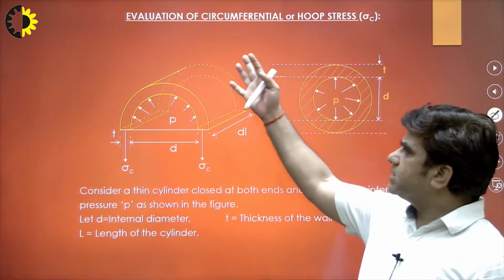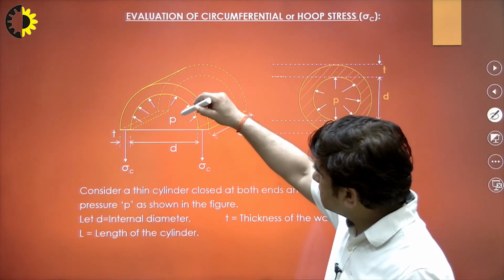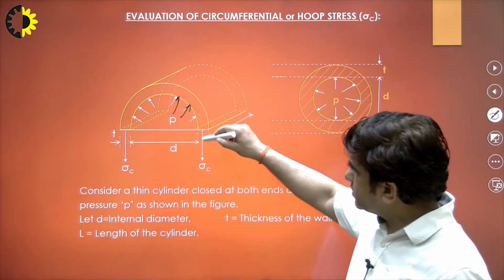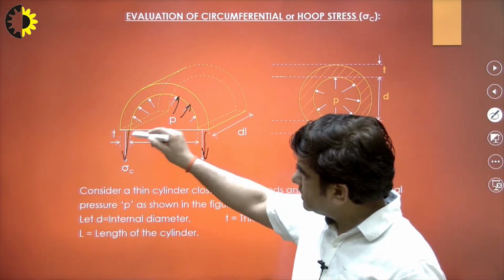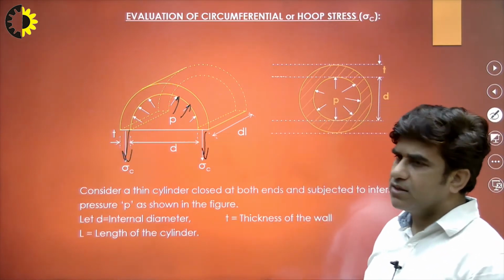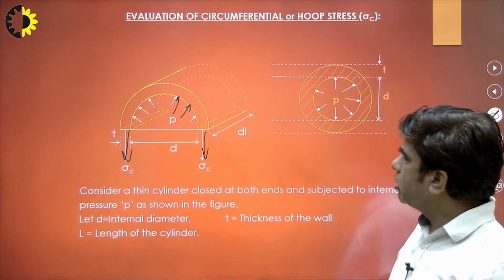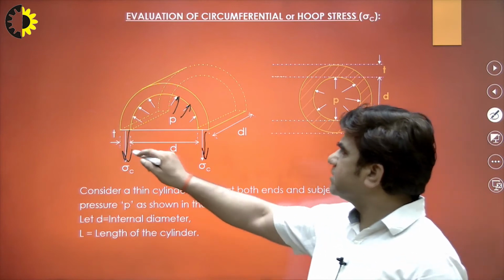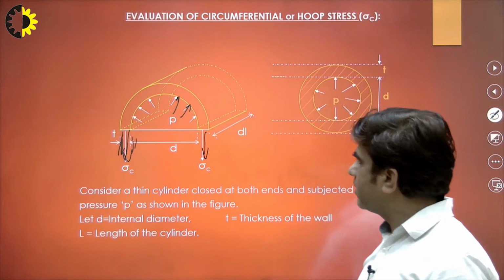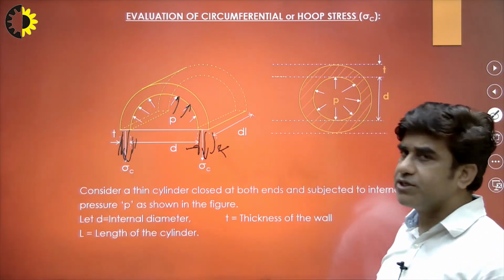So, this is another diagram. If pressure is acting like this on the wall of the cylinder, hoop stress induced in the material is sigma c, d is the internal diameter of the cylinder, dl is the elementary length of the cylinder, and t is the thickness of the cylindrical wall.